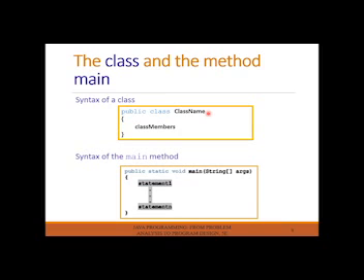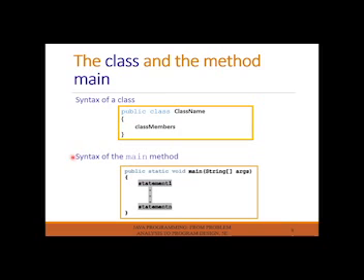And the class name is written in camel case, and the very first letter of your class name must be in uppercase. Then the open curly brace to indicate the start of the block, and then the members of the class, and then the close curly brace. That's the syntax for a class.